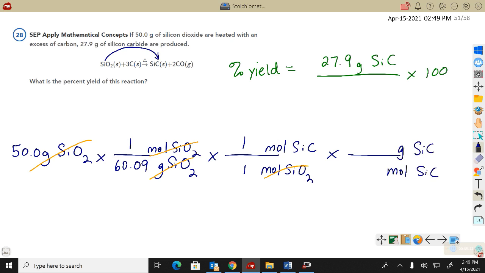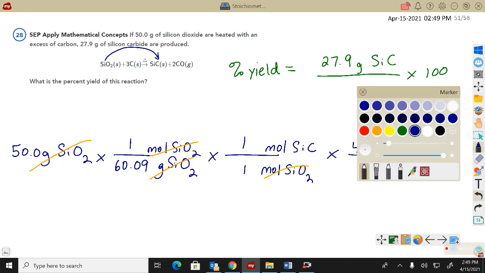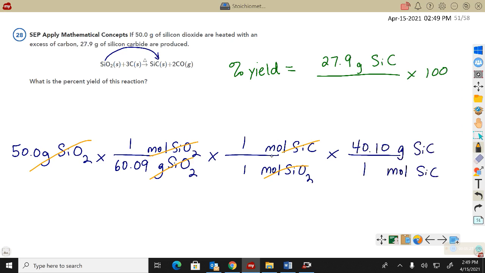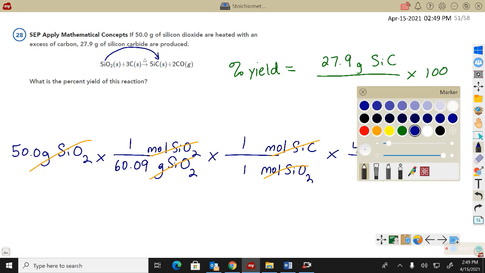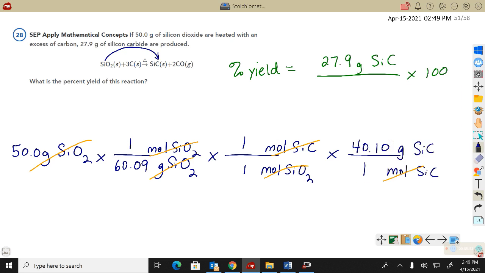The mass will be on the periodic table. So I'll take my silicon plus a carbon. And my mass is maybe about 40.10, and that's for 1 mole. Moles and moles will cancel. And so now if I plug this in, I'm going to get the theoretical yield. 50 divided by 60.09 times 1 divided by 1.